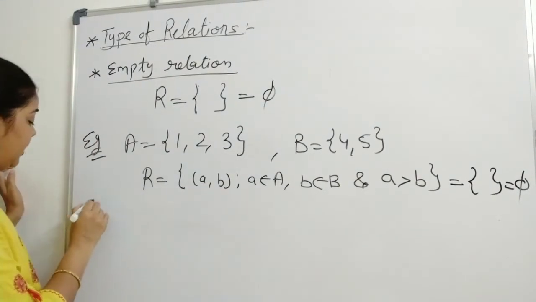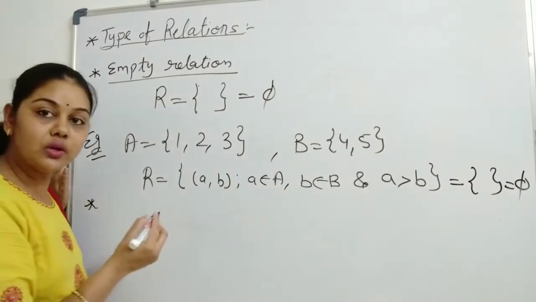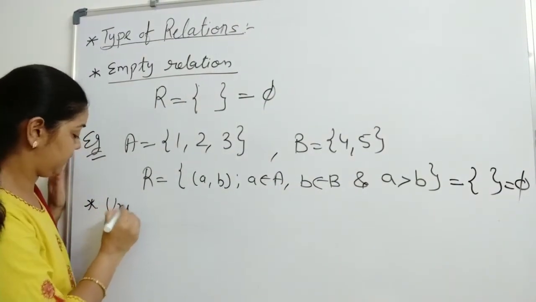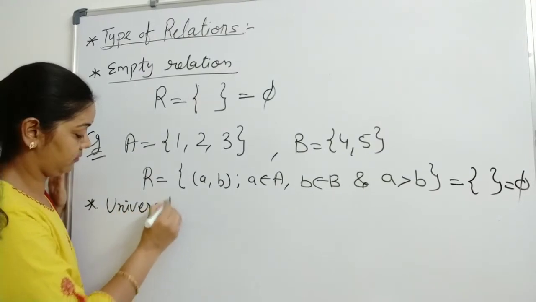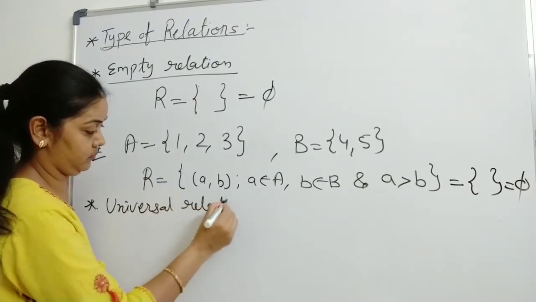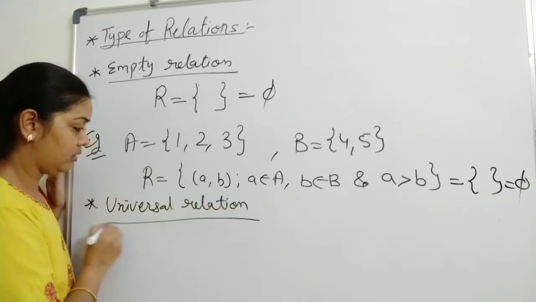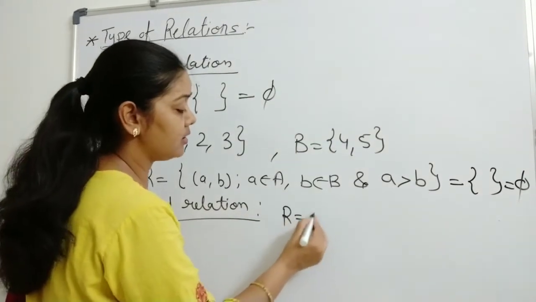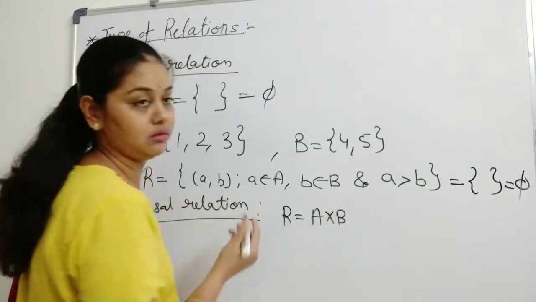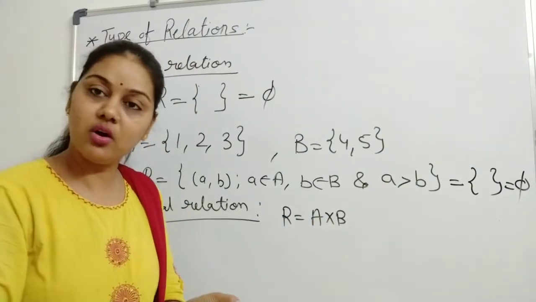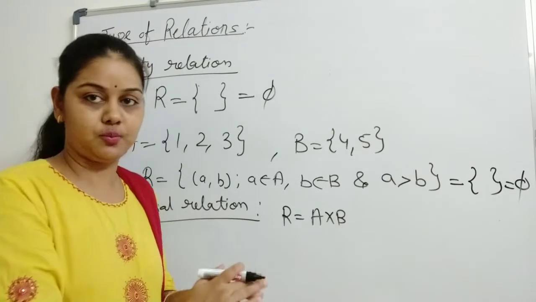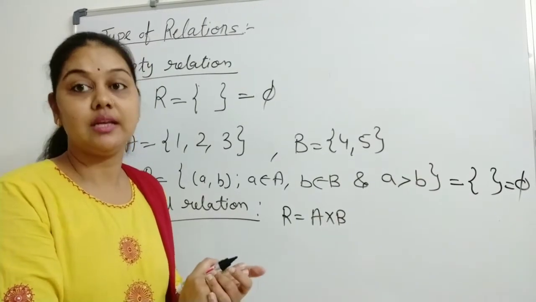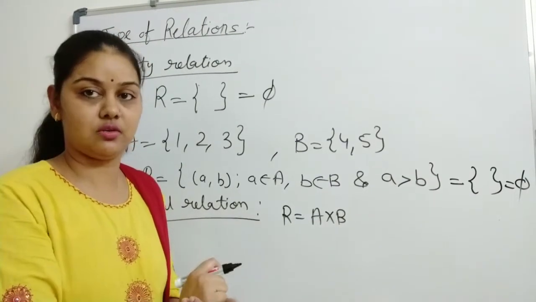In the same way, I can find universal relation. Universal relation simply means that R equals A cross B. It means when I get the complete set A cross B as a relation, that will be called universal relation.